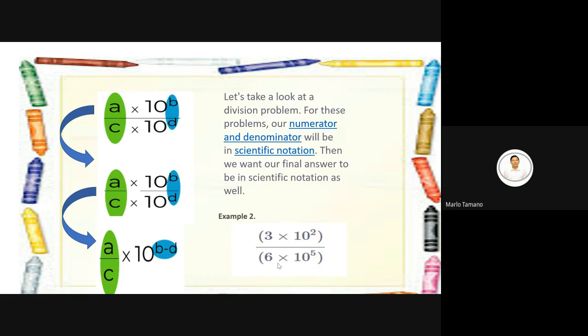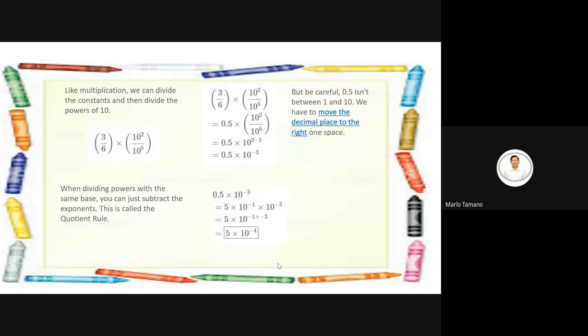So, let's see. Like multiplication, we can divide the constant and then divide the powers of 10. Pinaghiwalay lang po natin kanina. So, yung coefficient natin, 3/6 times 10 to the second power over 10 to the fifth power. When dividing powers with the same base, you can just subtract the exponent.